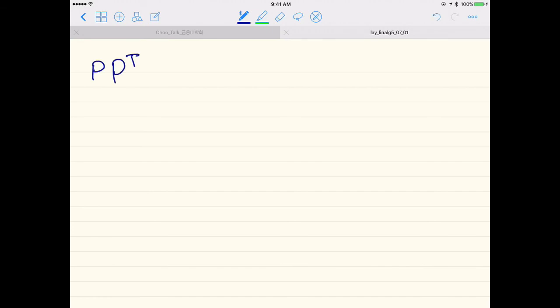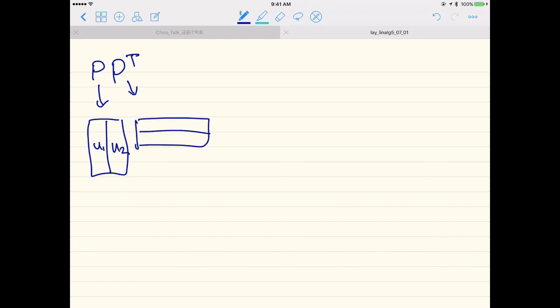So let's look at this matrix multiplication, where P is some matrix having orthonormal vectors, maybe u1 and u2, and P transpose is u1 transpose, u2 transpose.